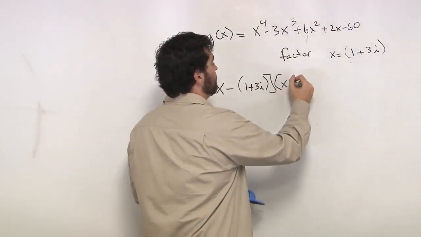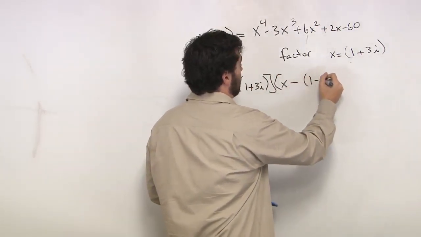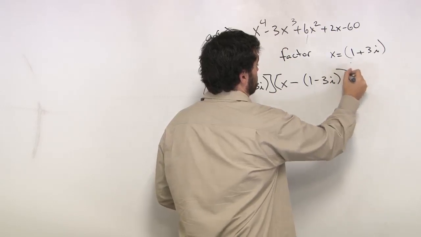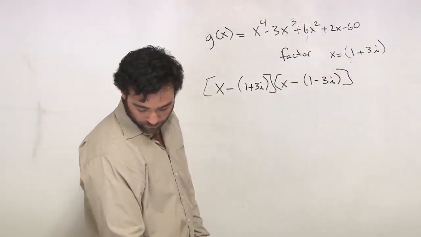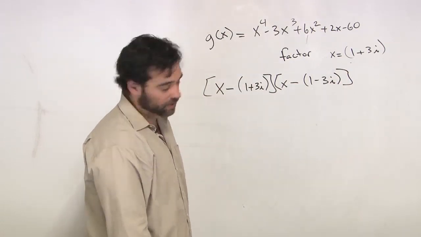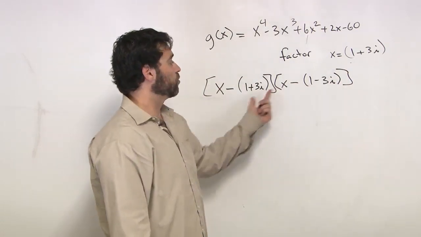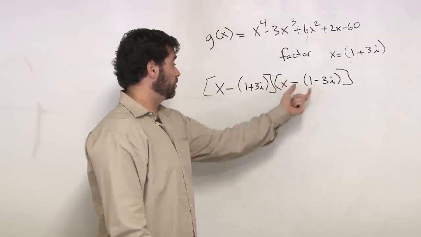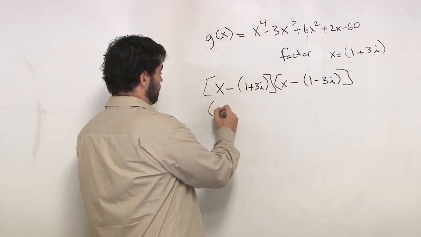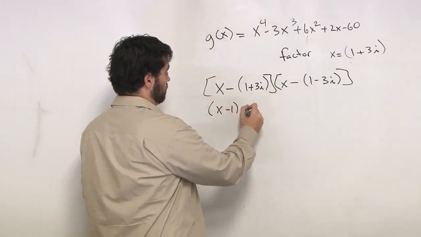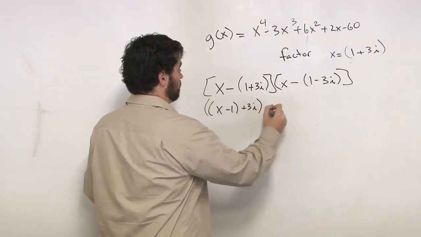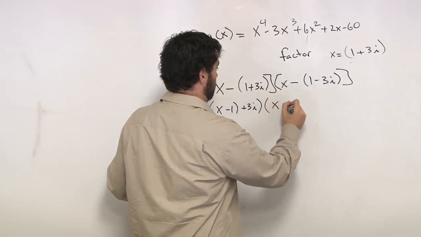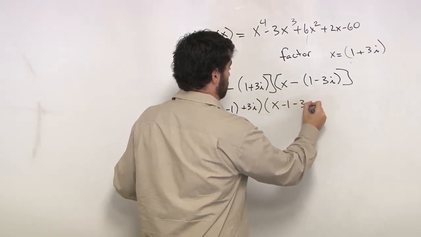We're going to multiply that out. Probably the easiest way is to group our real numbers together. So I get x minus 1 plus 3i times x minus 1 minus 3i.